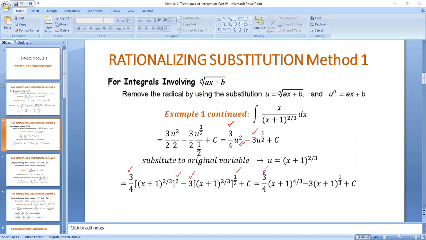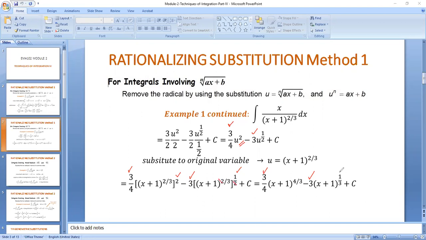So you have 3/4, you copy 3/4. 2/3 raised to 2 would mean that you multiply 2/3 by 2. By rules of exponents, it's now 4/3. Copy the minus 3. And this one, 2/3 raised to 1/2 would mean that 2/3 will be multiplied by 1/2, which is 1/3. Because the 2's here will cancel each other.